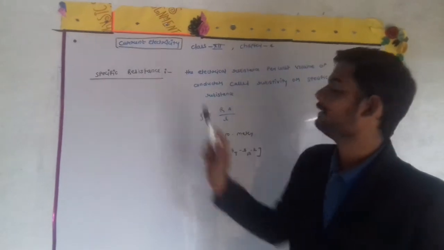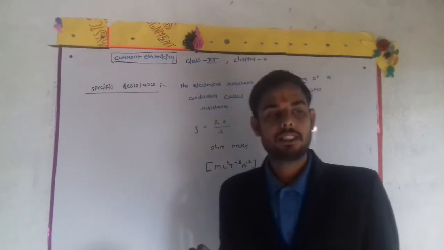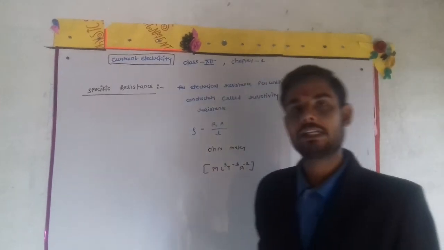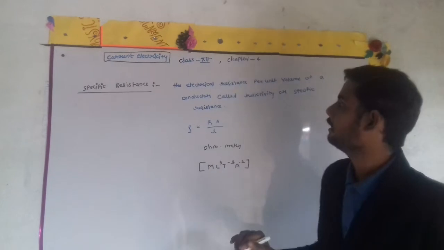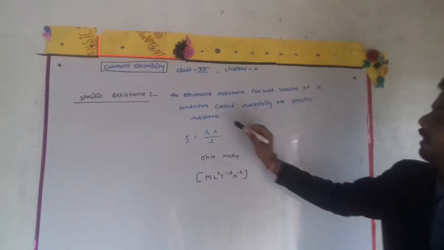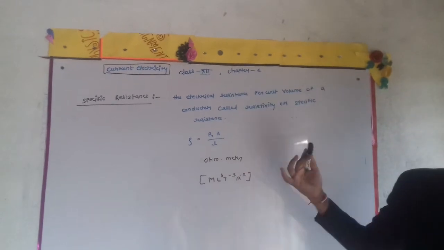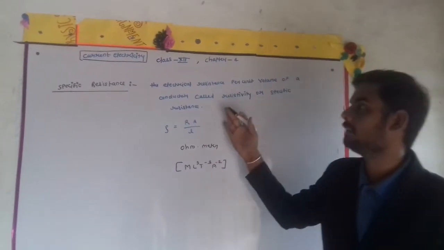We have seen Ohm's law. It is only applicable for true conductors. Now we will see specific resistance or resistivity. The electrical resistance per unit volume of a conductor is called resistivity or specific resistance.